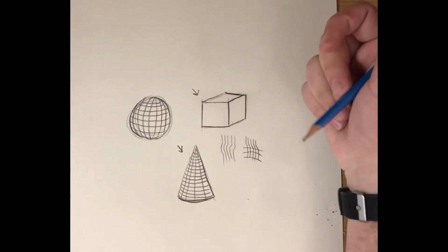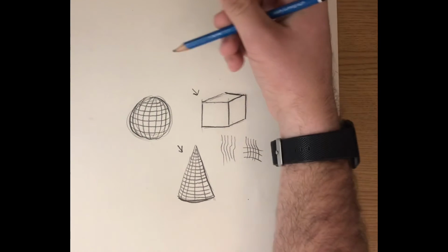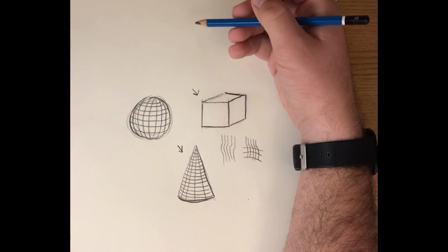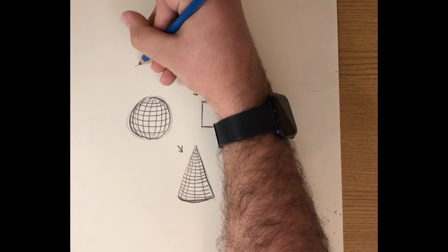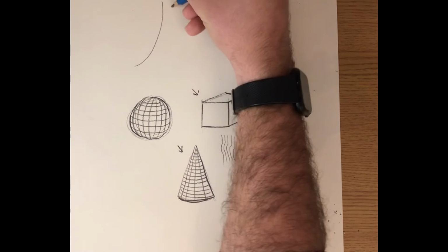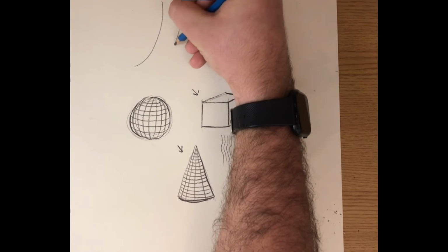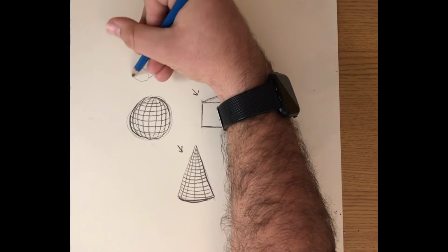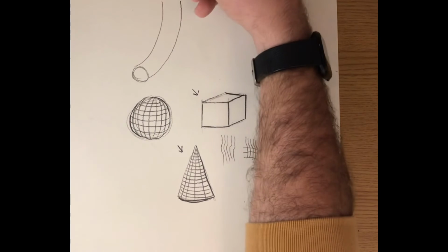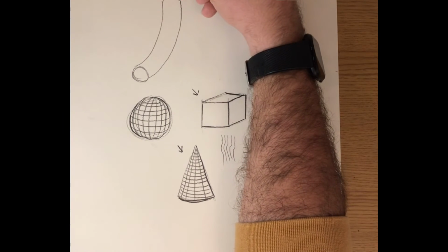And so now I will talk about how you can use line to push something backwards in space or push it forwards. So I will do a tube like this, and we will do two parallel lines. And then we'll have the tube be circular, and then on this end it'll be this way.